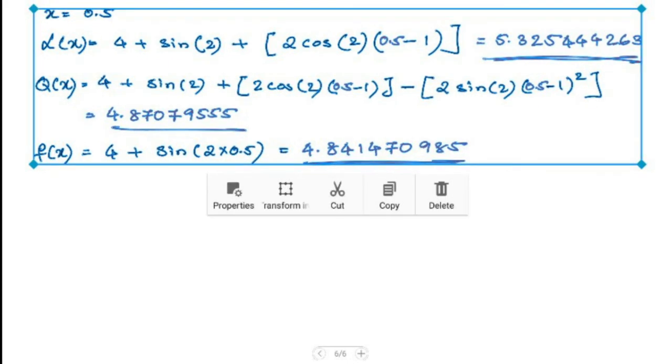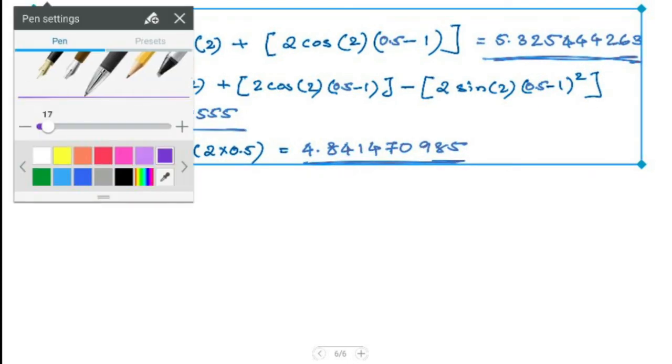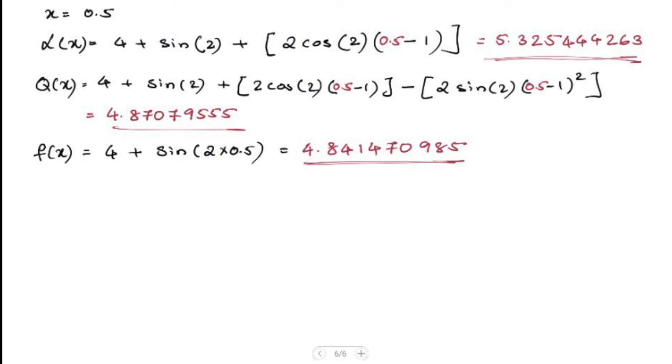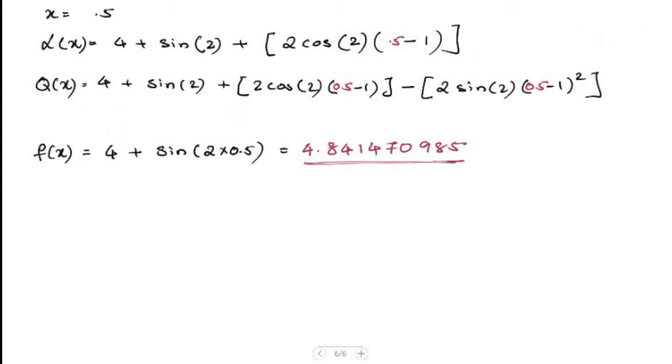So here we have x equal to 1.5. I'll just replace the zeros with 1. That would be enough, and these values will be different. Okay, so here we have 1.5, and here 1.5, and here also 1.5, and here 1.5.